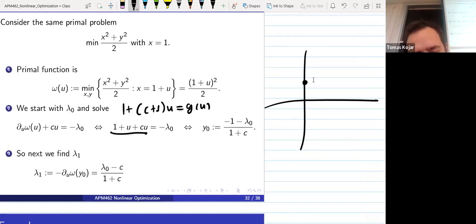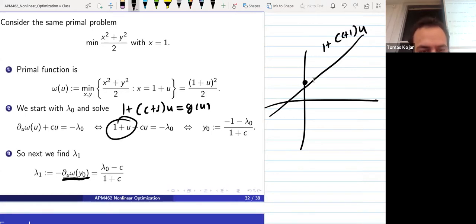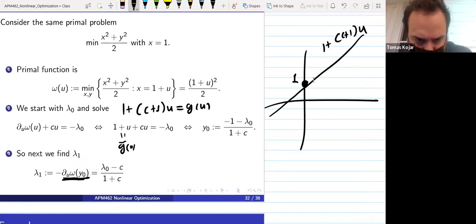And when this is 0, it goes like this. Okay. And then this other guy is just 1 plus u equal to g tilde, and it has the same intercept, but it hits at -1.